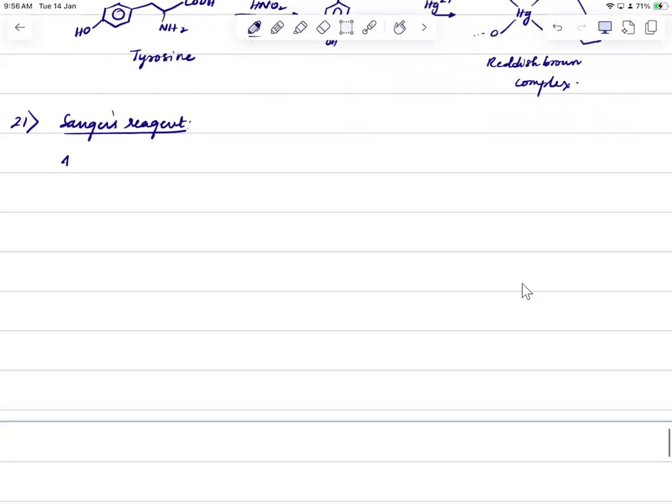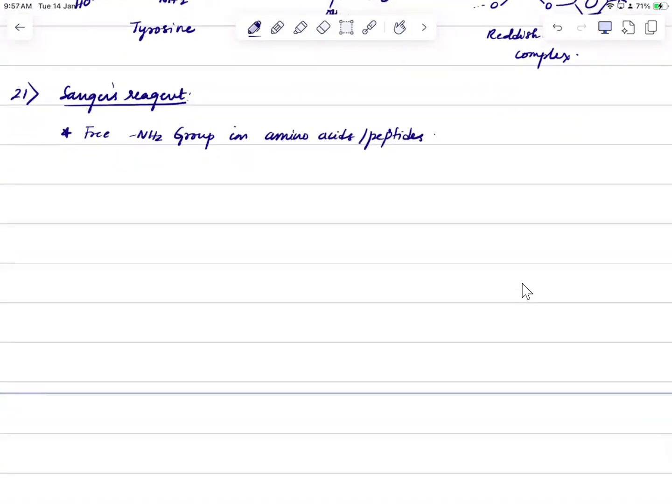21 is Sanger's reagent. Sanger's reagent is also used to identify a free NH2 group in amino acids or peptides. Got it?